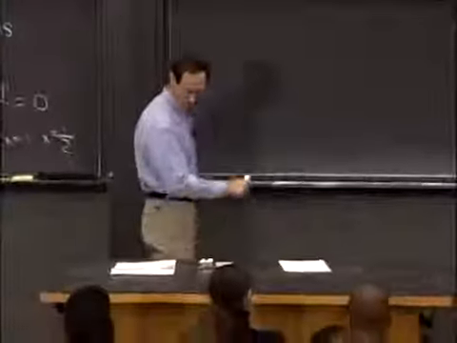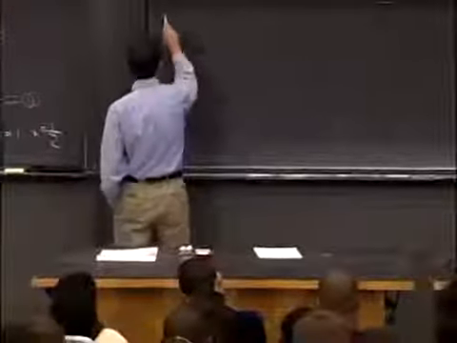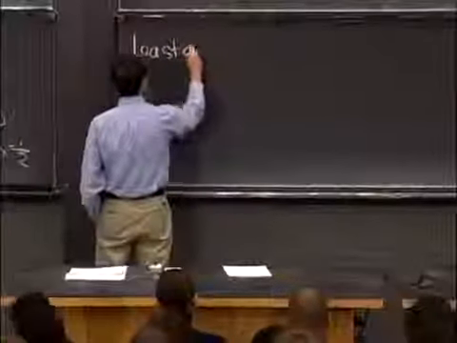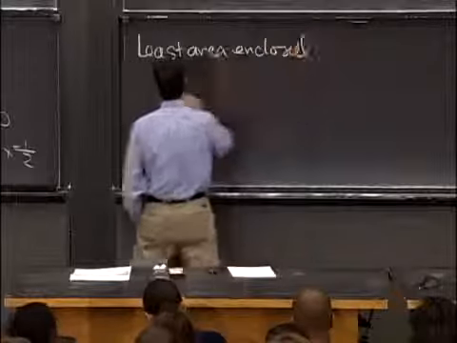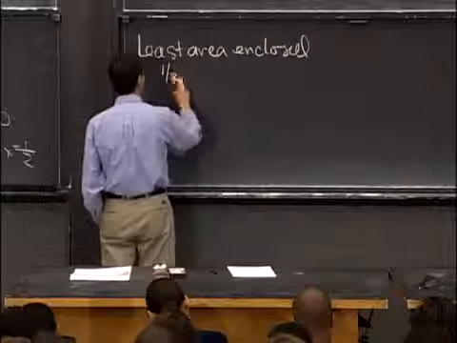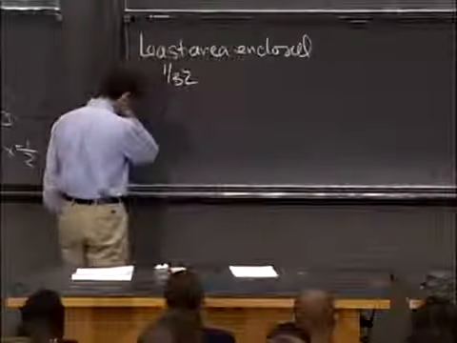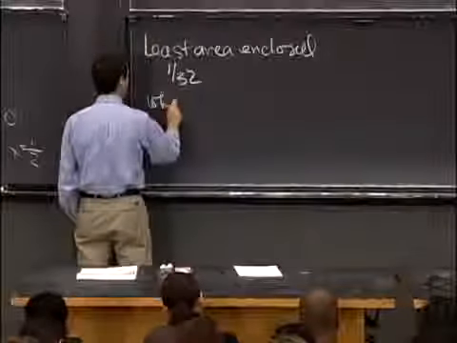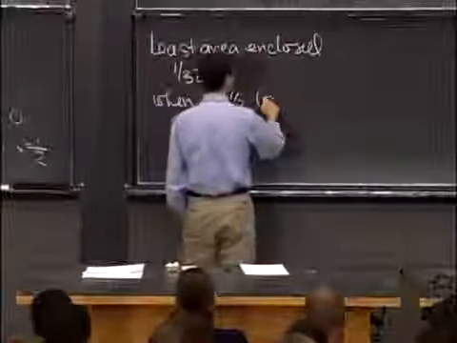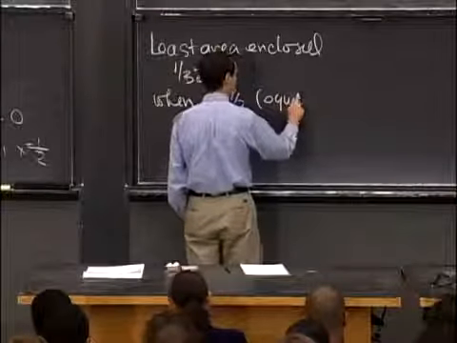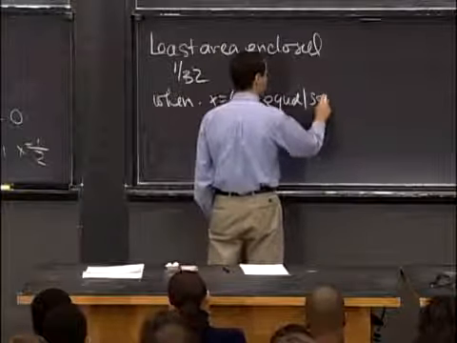All right? So what we find here is that we have the least area enclosed. It's a 32nd, right? And this is true when x equals 1/2. So these are equal squares.